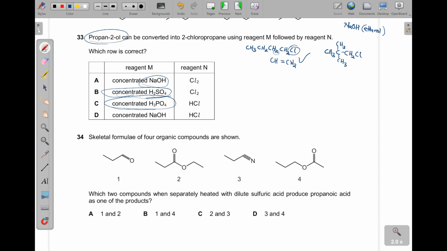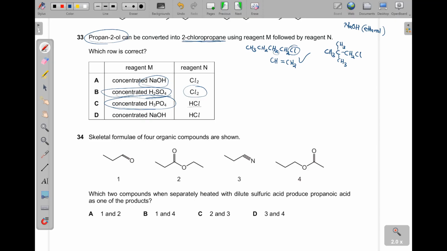Then when we get an alkene and then we react with, let's say, chlorine, this one will give us propene first, then we can put chlorine and then we get 1,2-dichloropropane, you see, but we want 2-chloro. It's not a dichloro, it is just a 2-chloropropane.